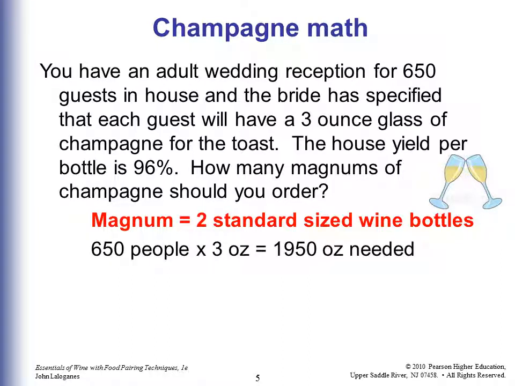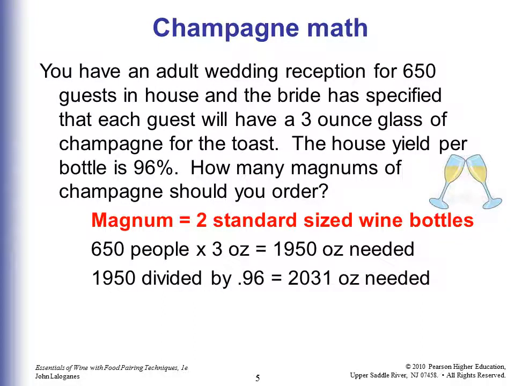So you get 650 people times 3 ounces each means you need 1,950. In the food business, we call this edible portions, or drinkable portions. You need 1,950 drinkable ounces because remember you lost 4%.